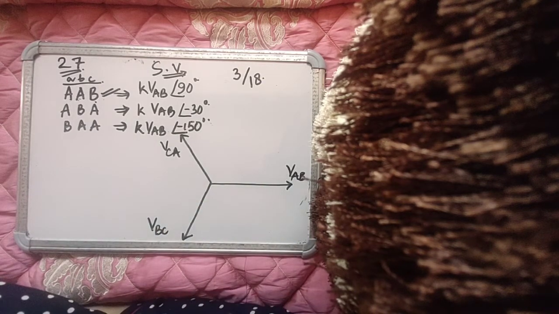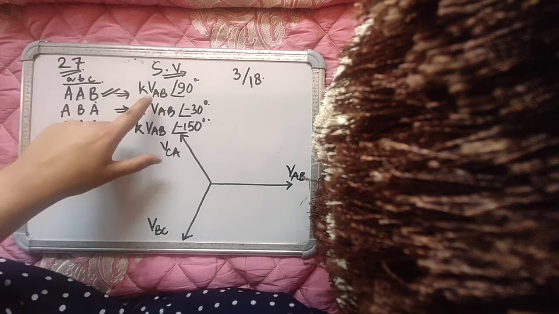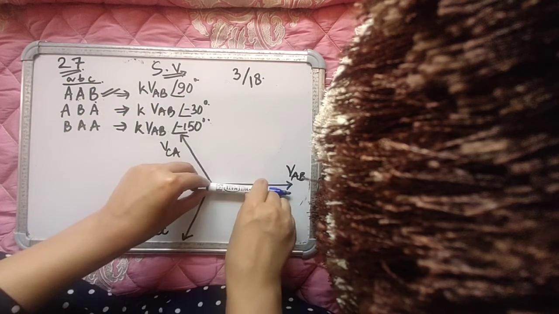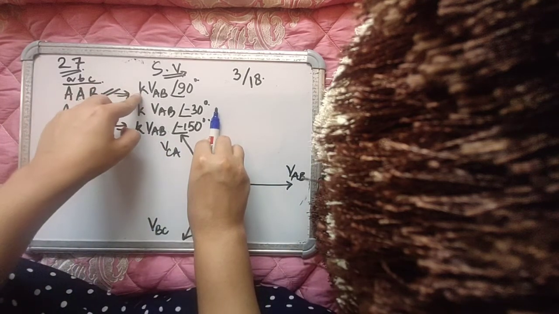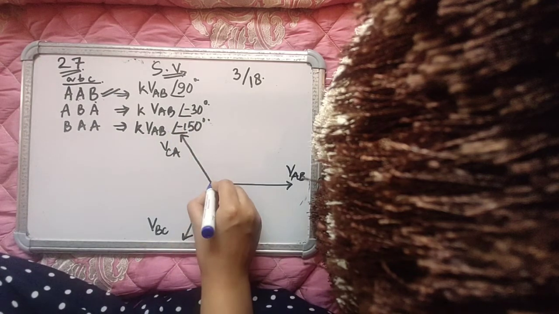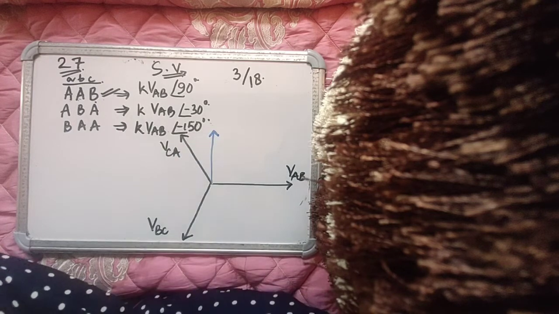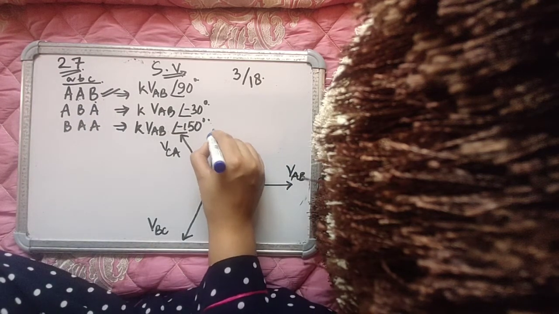And if I'm trying to construct the space vector diagram of the output phase voltages for this particular state, it will be VAB at an angle of 90 degrees. So it will be measured with respect to VAB, but it will be at an angle of 90 degrees, and of course scaled by a factor of K, which is 2 by 3 into root 3. So the first state is giving me this vector.